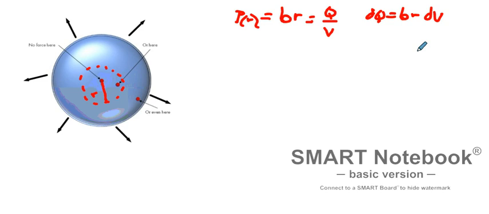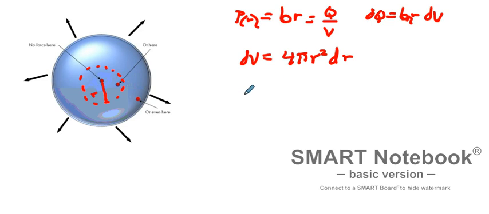Now, what, of course, does dv equal? Well, dv is equal to 4 pi r squared dr. So I'm going to plug that into this equation here.